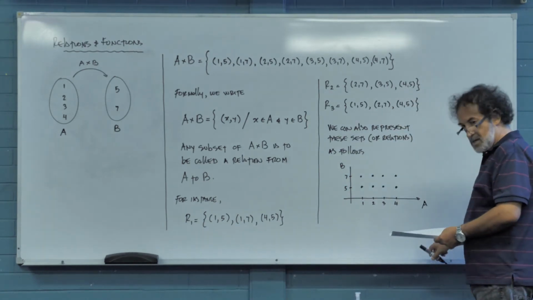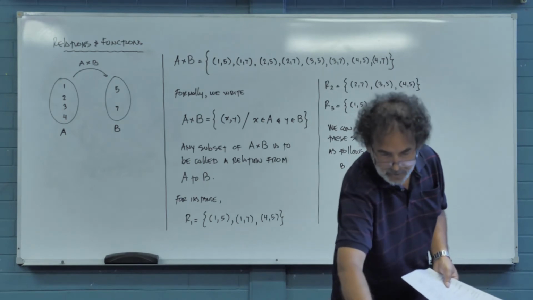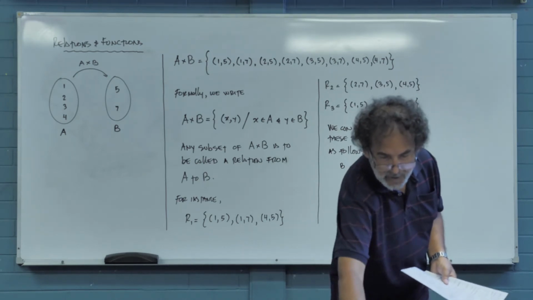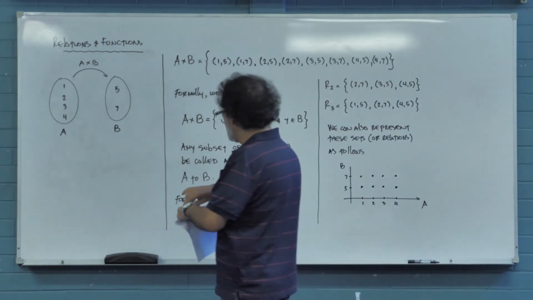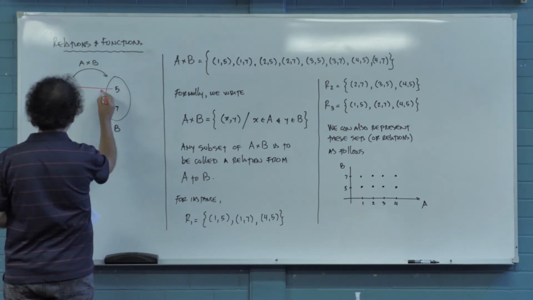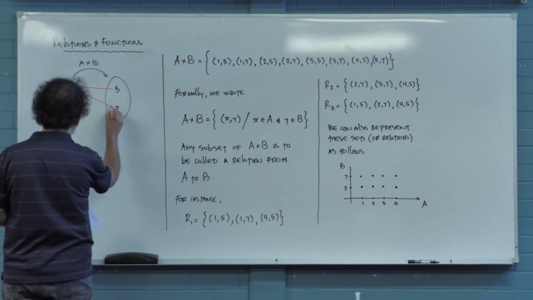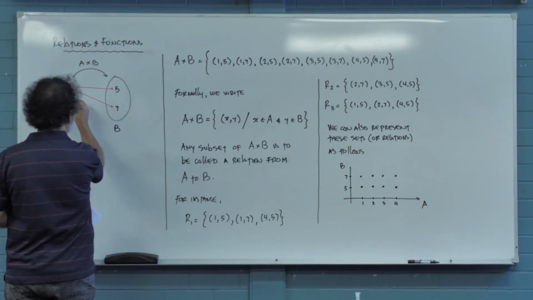And then you can see that we can draw arrows from one to the other. So we're going to have 1, 2, and then 1, 7, and then 2, 5, 2, 7, and so on.